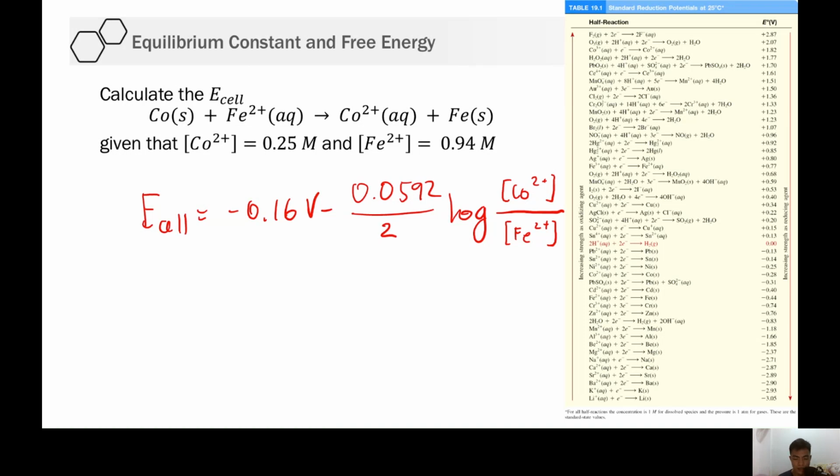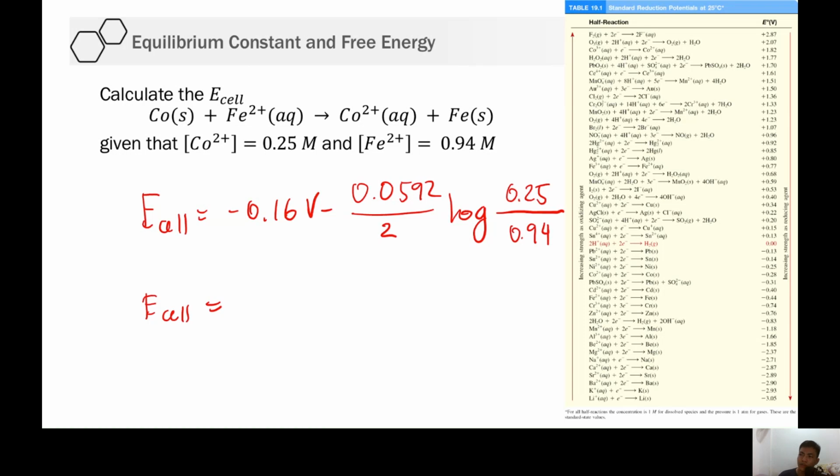Take note that the solids should not be written. Now we can plug in the concentrations. The concentration of cobalt is 0.25 and the concentration of iron is 0.94. If we plug this into our calculator, we can get the E cell, the non-standard cell potential.